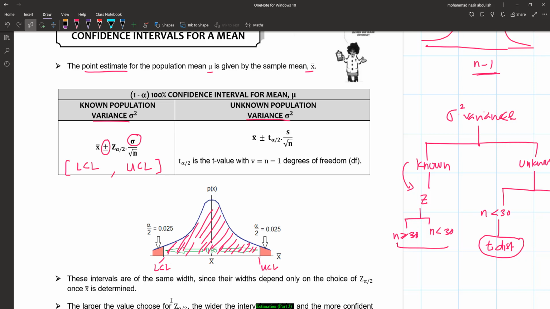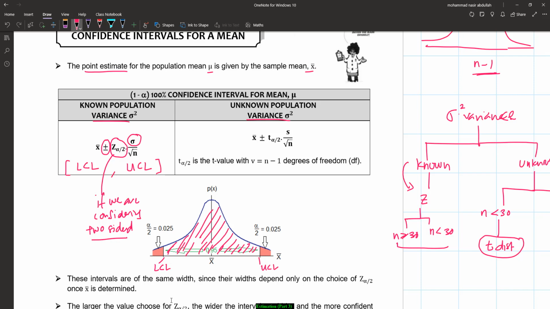Right. So for the Z distribution, we need to multiply with Z alpha divided by 2, if we are considering a two-sided distribution.